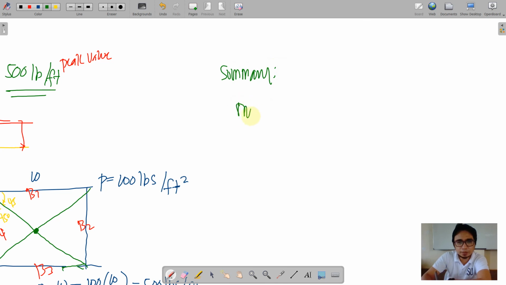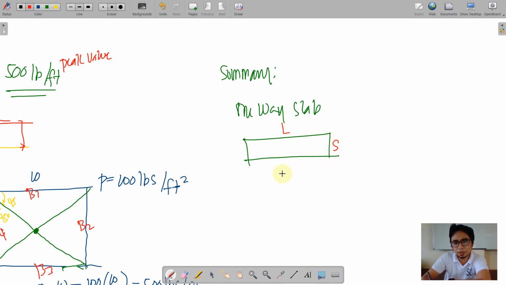So for one-way slab, we have obviously a rectangular section wherein L is obviously longer to that of S. So meaning, if you double S, it will be equal to L, or it is still shorter than L. Therefore, the criteria is L over S is greater than or equal to 2.